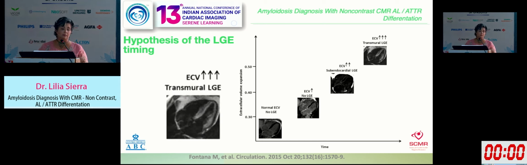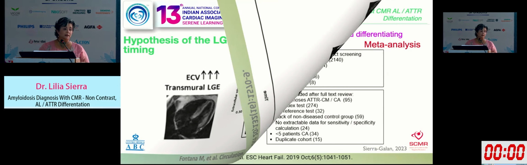And then we will have a very high ECV with a large transmural LGE, and maybe at that point we will have a problem with the nulling of the myocardium. So it depends on when we study the patient, when we are going to have these findings. So it's very complex.